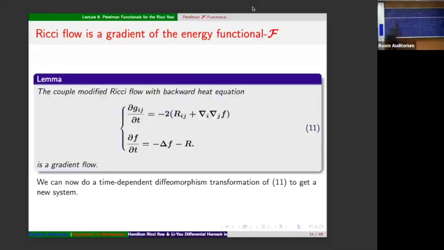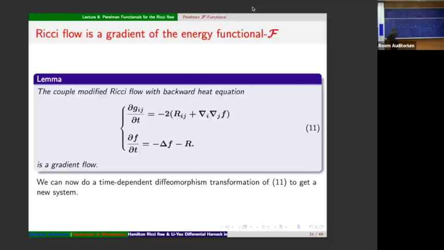So if you now add this to here, to modulo out the diffeomorphism invariance, this is the function of g. Then to here you add Lx of f. Okay, this is time dependent. So what you have left now is dg/dt equals minus 2Rij. So we cancel this because this guy is this, which is what you have when you minus this plus this.